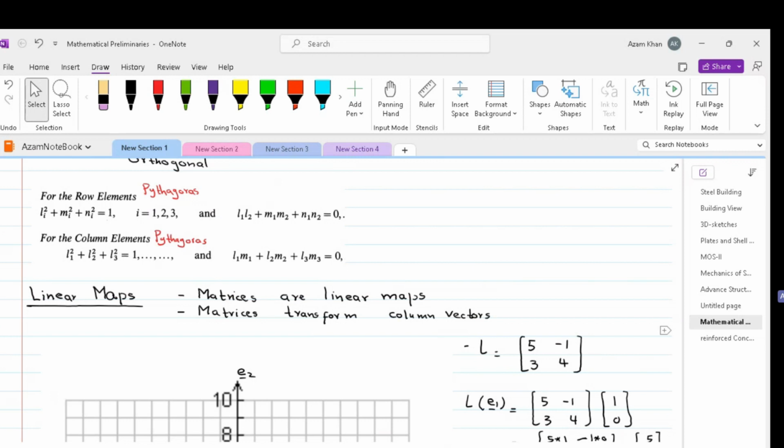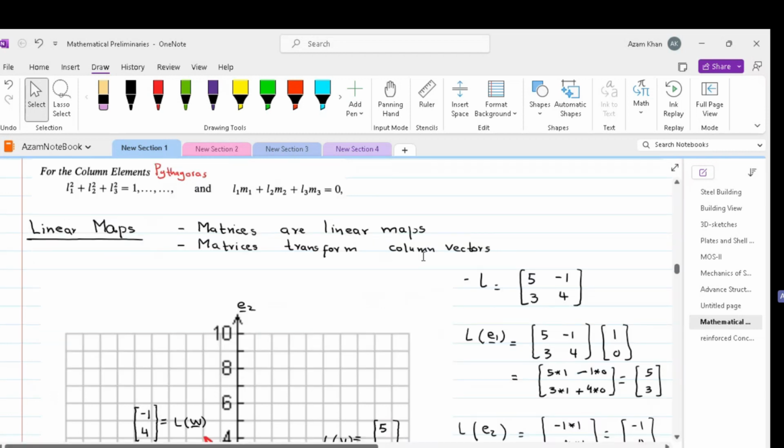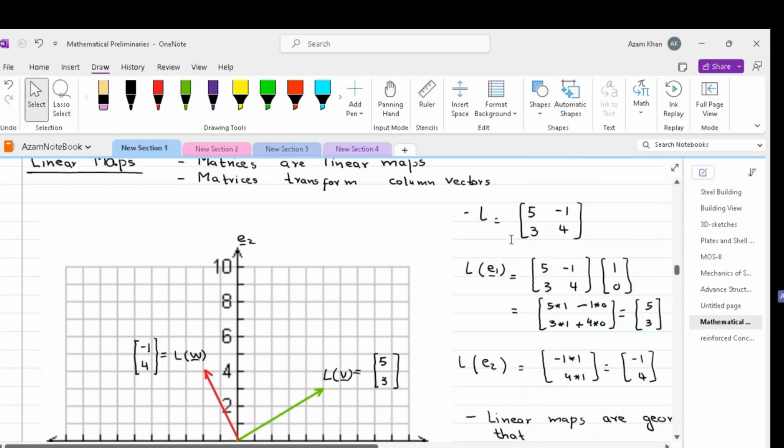Linear maps always act on vectors. They help in transforming one column vector into another. So imagine we have a linear map in a 2 by 2 system, that is 5, minus 1, 4, and 3. This is a particular linear map.